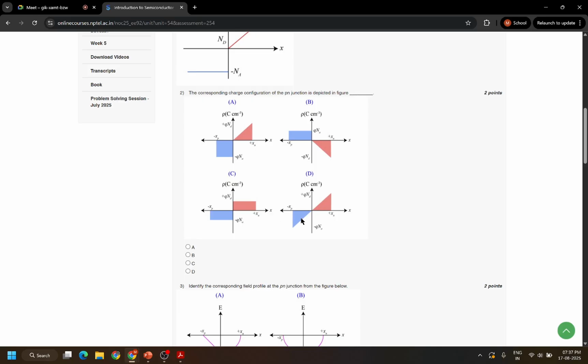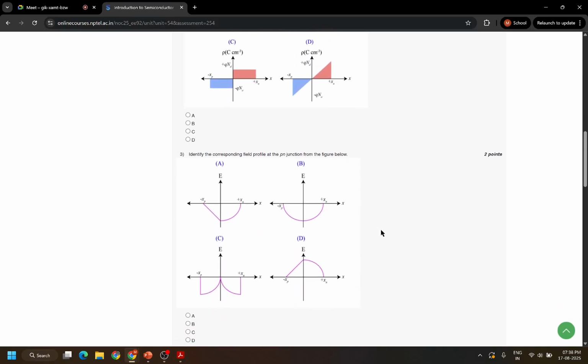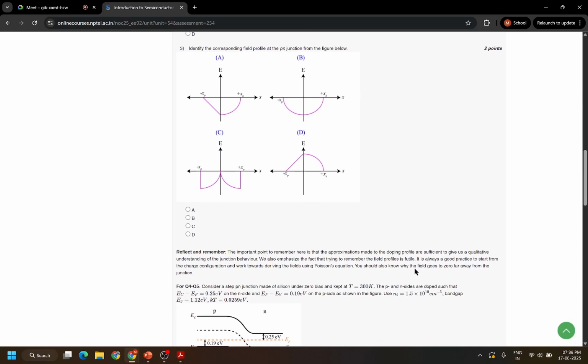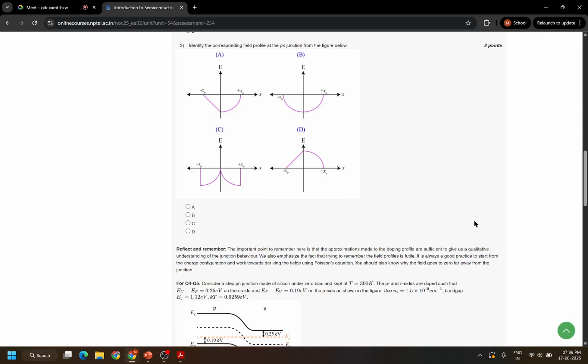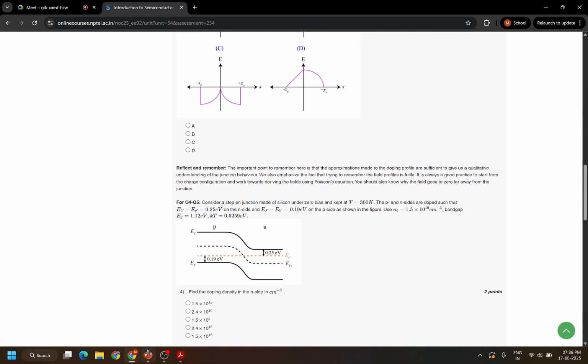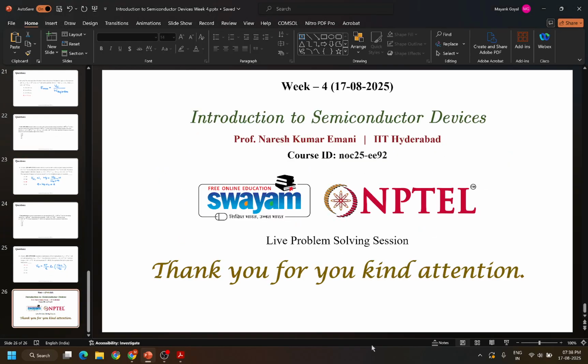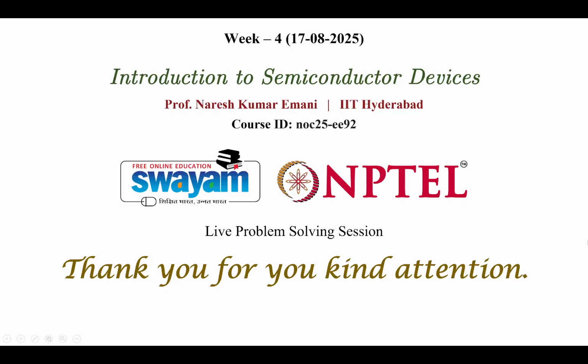For this case, it will be quadratic for both regions, so it will go like this and then like this. If you have any more doubts, you can ask.